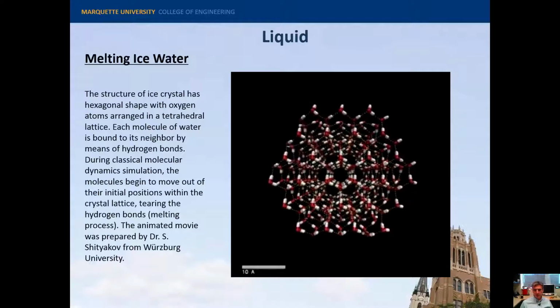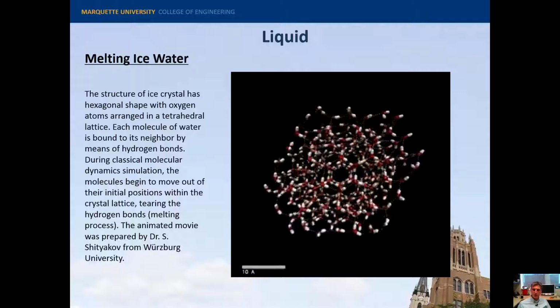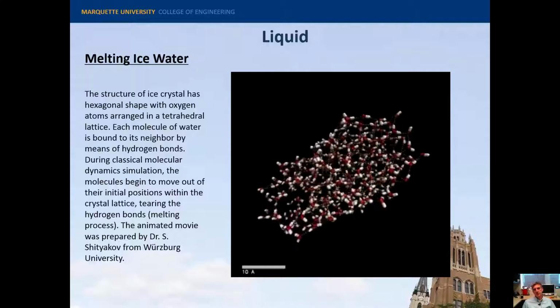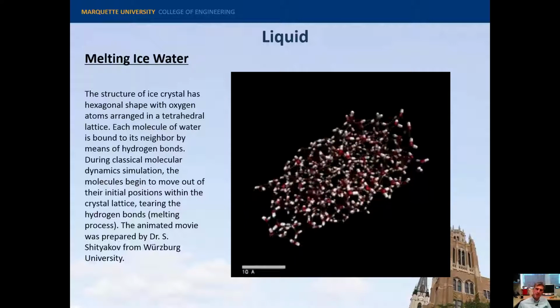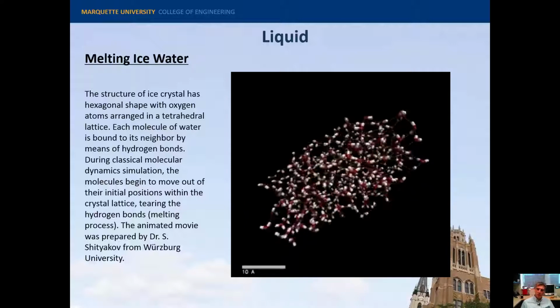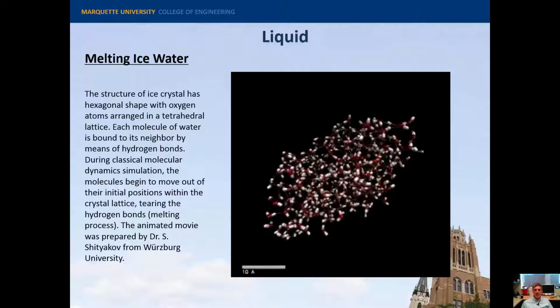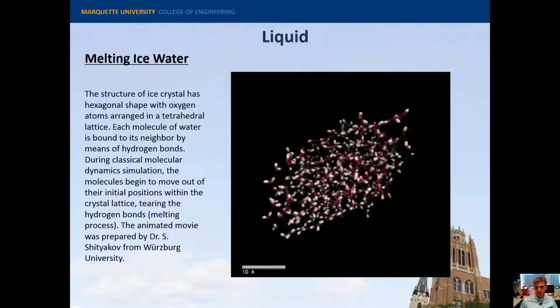So here's a liquid. This is ice. You can see it's forming the very initial beautiful sort of snowflake-like structure, and then as this ice melts, it turns into kind of an amorphous structure. And you can see the molecules are rolling over each other and beginning to vibrate more, so they're taking on more and more translational and vibrational energy.